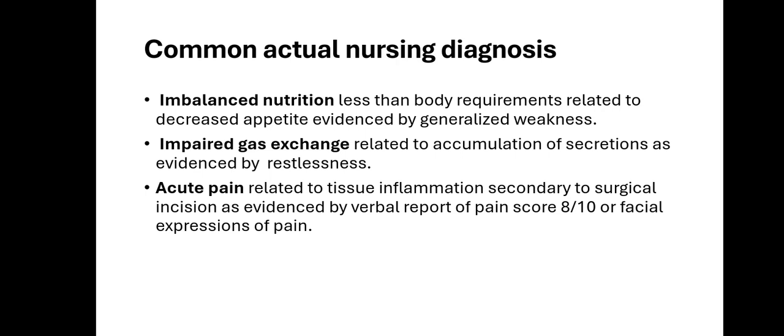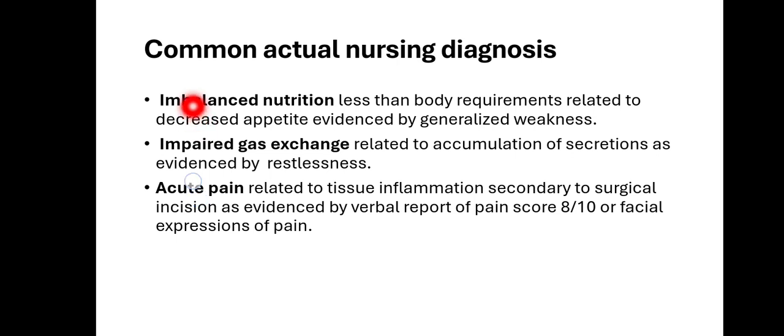You have come up with the imbalanced nutritional status because you've seen that the person is looking generally very weak. After looking at their weakness, you ask them, are you eating? Then maybe the bedside tells you the patient is not eating. They just drink water and a few bits of food.